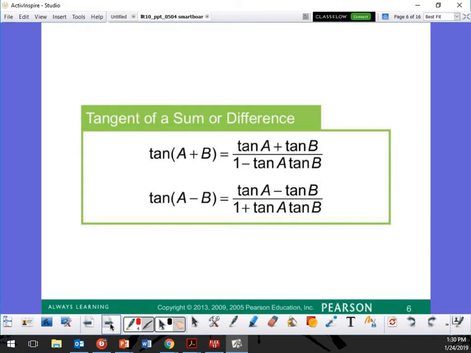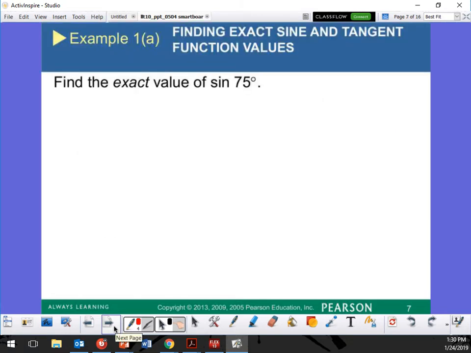Okay, here are the tangent formulas. Find the value of sine 75. First, what two numbers are going to give me 75? 45 plus 30, right? So in this case, my A is 45 and my B is 30.